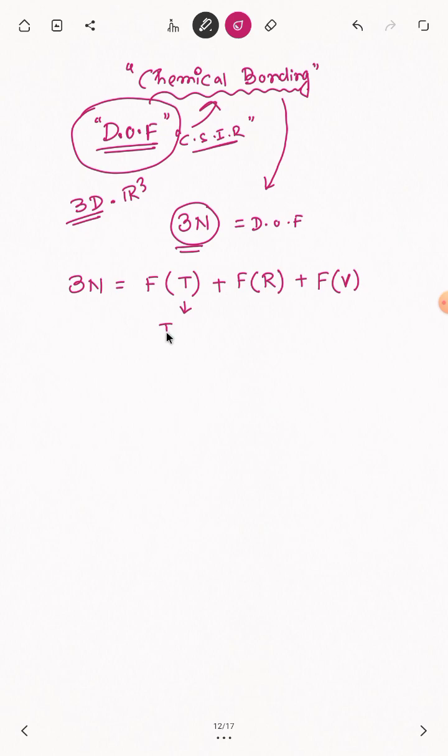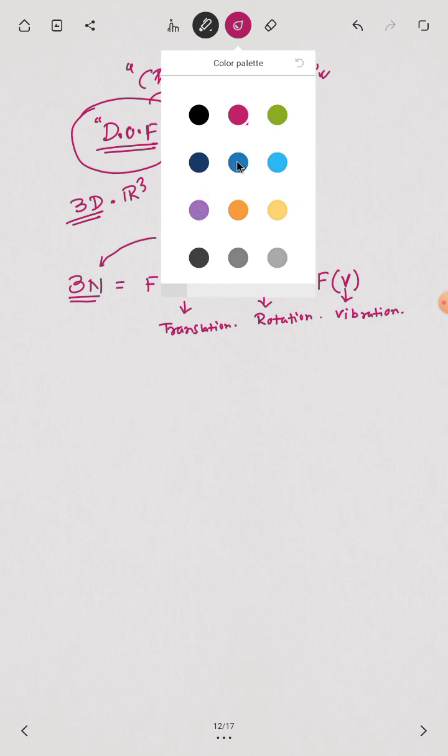This T stands for translation, this R stands for rotation, and this V stands for vibration. So whenever we have chemical bonding, the total degree of freedom is actually the composition of these three. We have to learn part by part about these three very carefully.